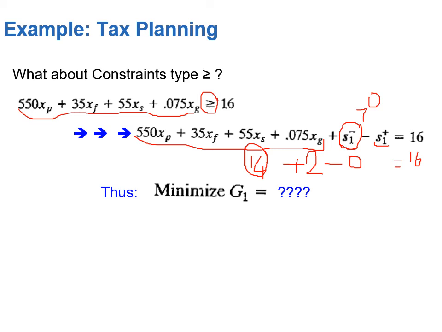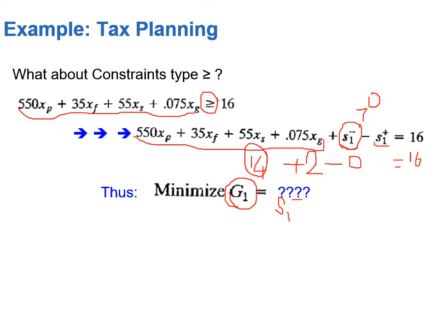We are not reaching our target. Then what do we want? What we want to do is to minimize this deviation. So if this is the first constraint and this is the first goal, so as the first goal, we want to minimize the value of this deviation, which is S1 negative.